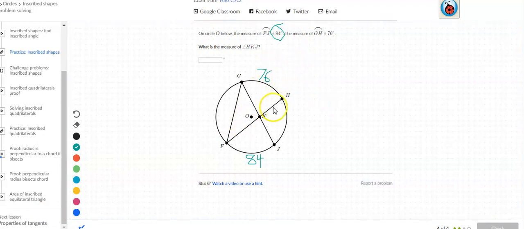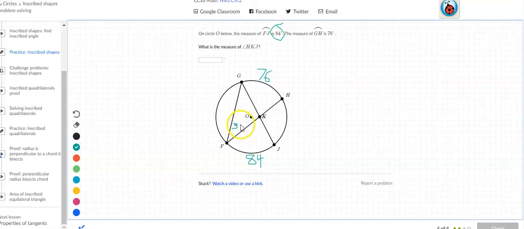So we start by labeling our inscribed angle. So 76 divided by 2 means this one is 38. And 84 divided by 2 is 42.